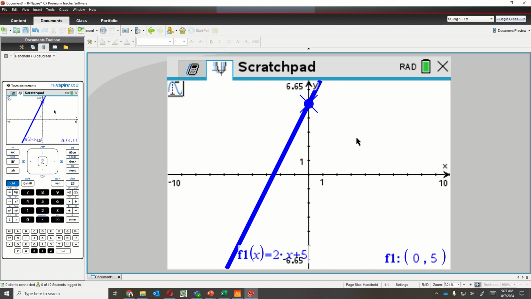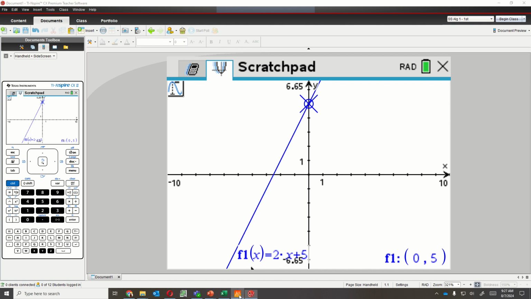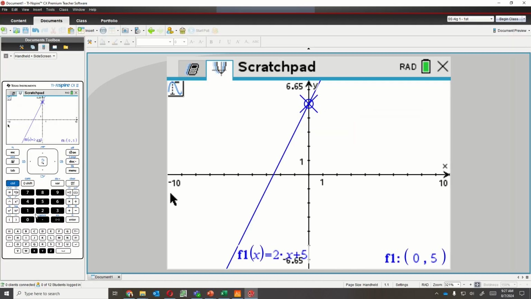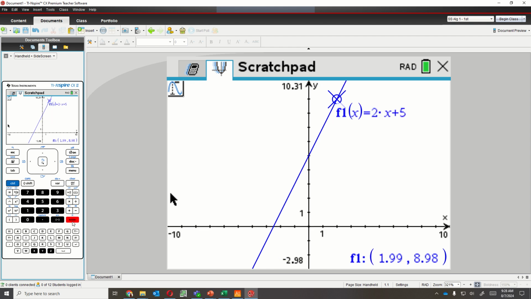What was the first number that I had? So I'm approaching 2. I start really close with 1.99. There we go.